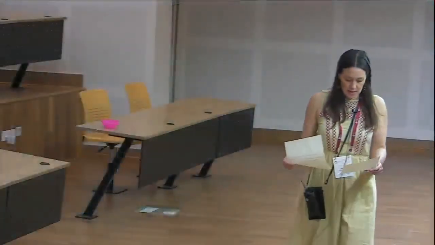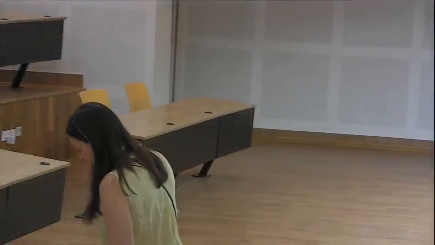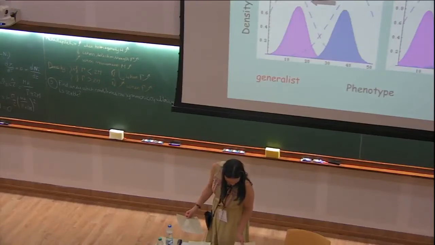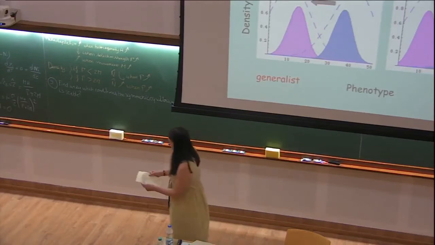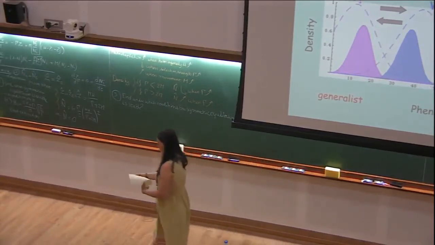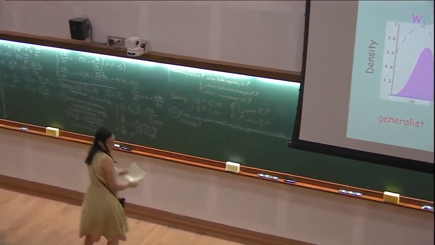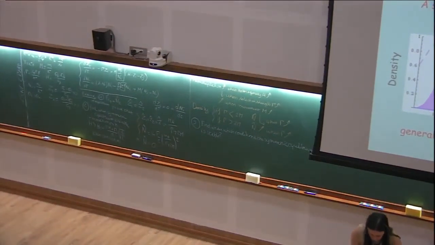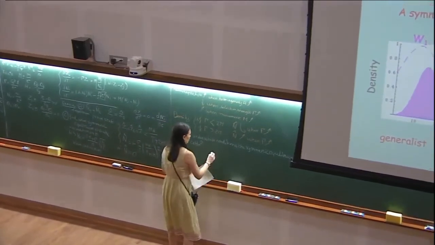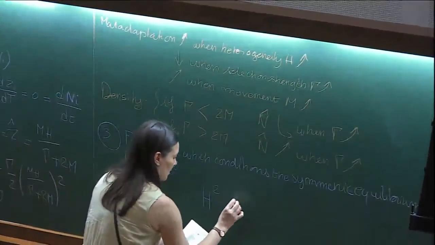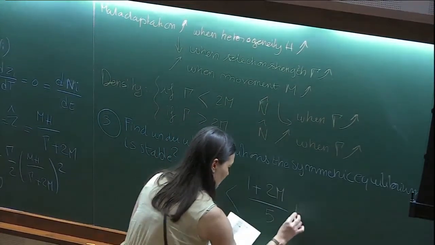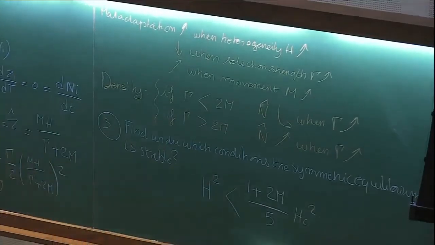And if you do that, you find that this condition is that the habitat heterogeneity should be smaller than this quantity.